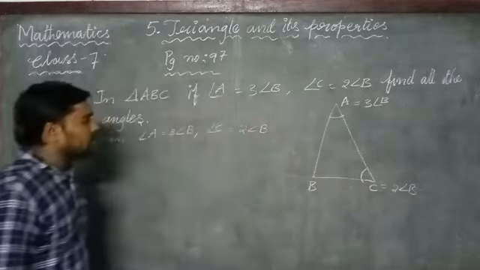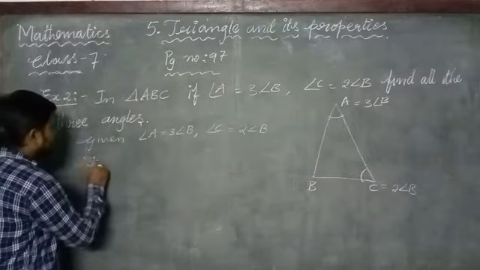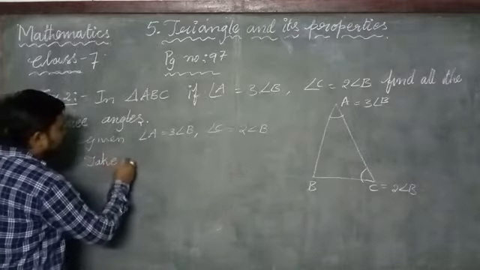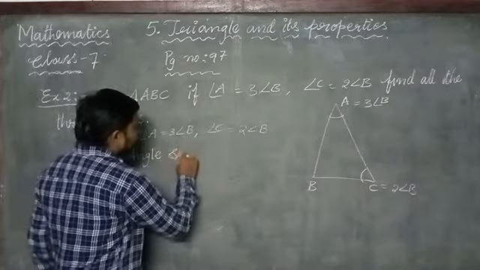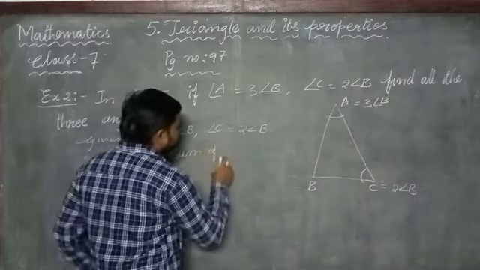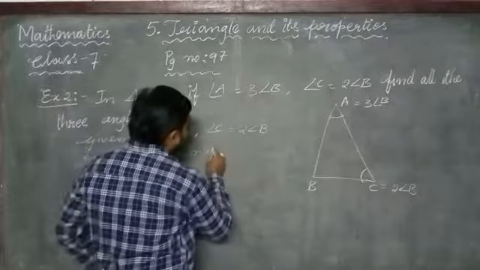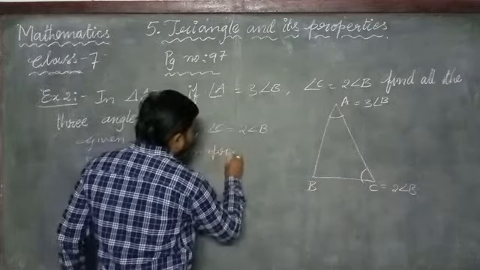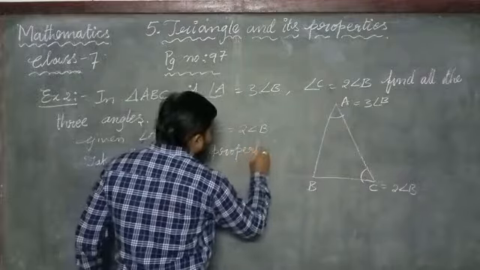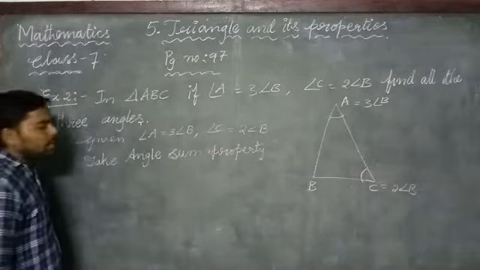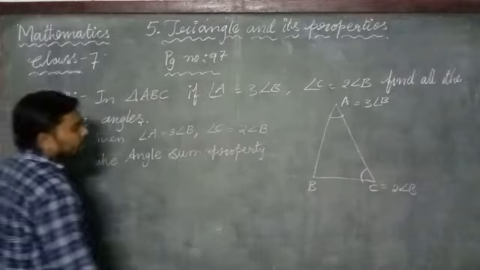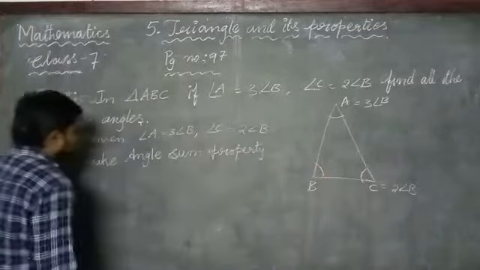Okay. Now take the angle sum property of triangle. According to angle sum property of a triangle, the sum of the angles in a triangle is 180 degrees.